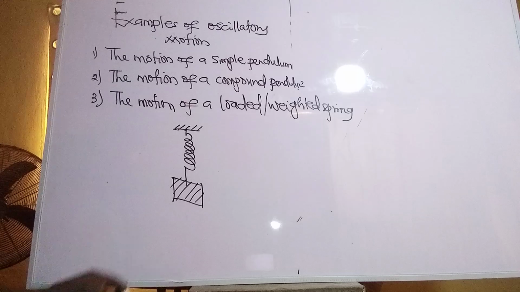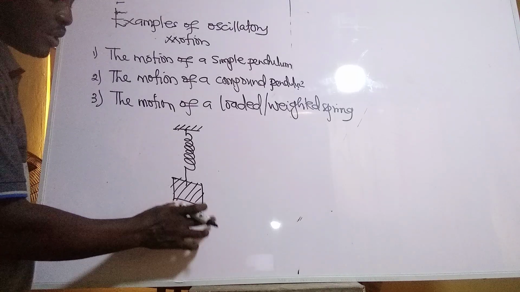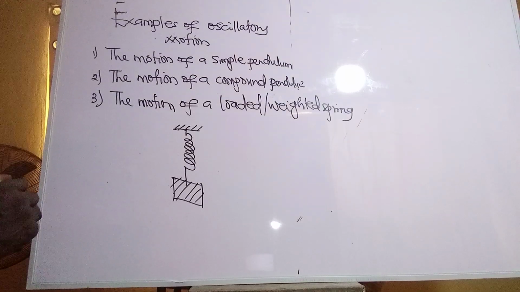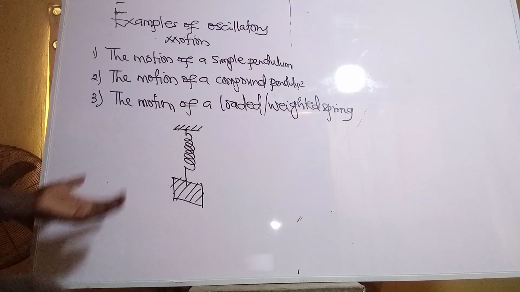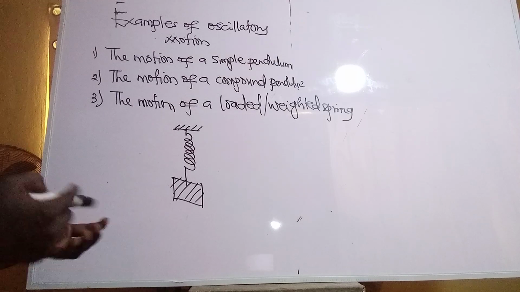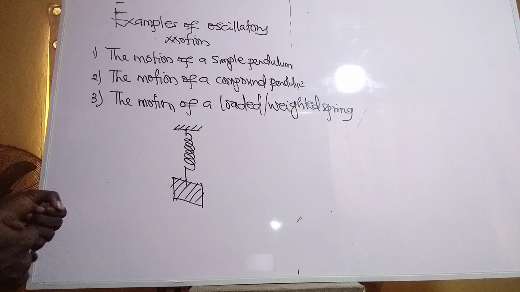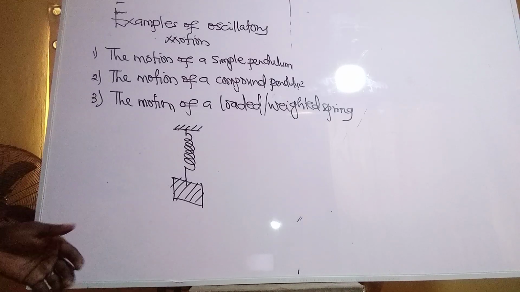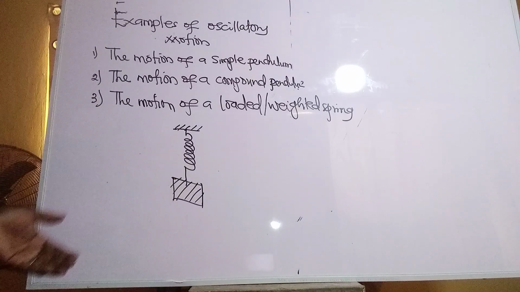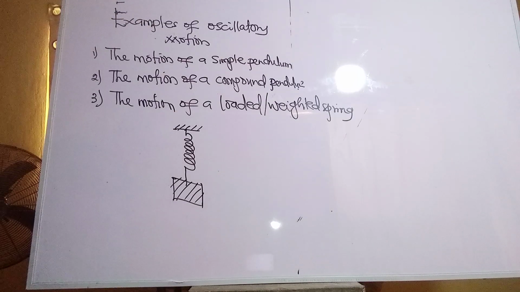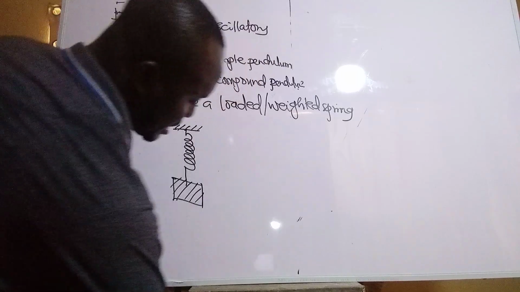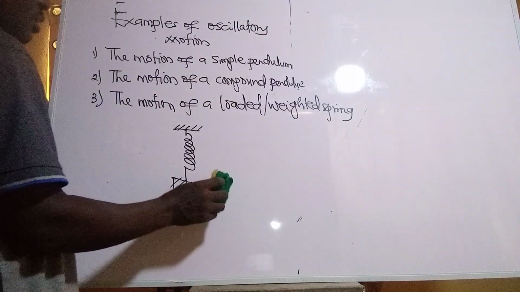Now, as I said earlier, when the spring is stretched or compressed, certain work will be done, and the work done is stored within as elastic potential energy, and that is what is shown in the up and down motion of the spring. Is that okay? So the motion of a loaded spring is an example of oscillatory motion.